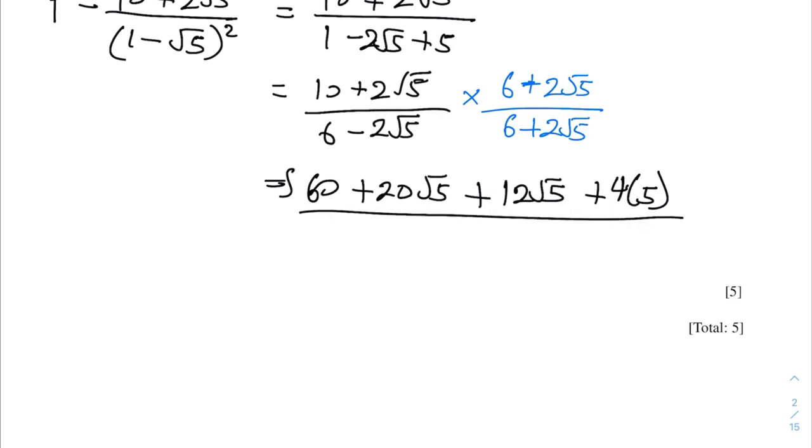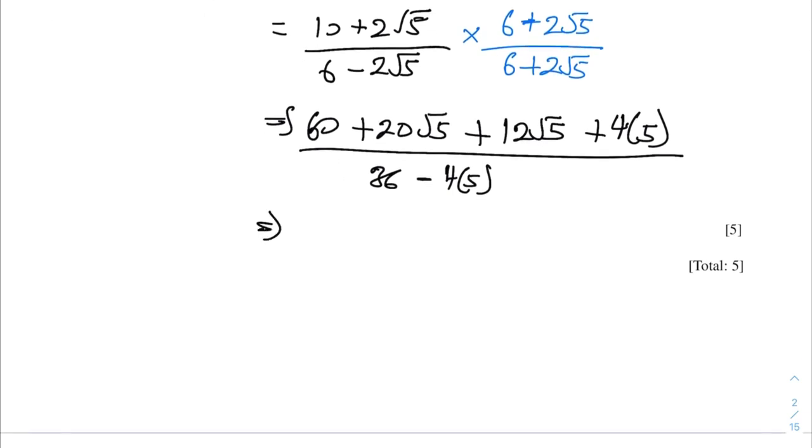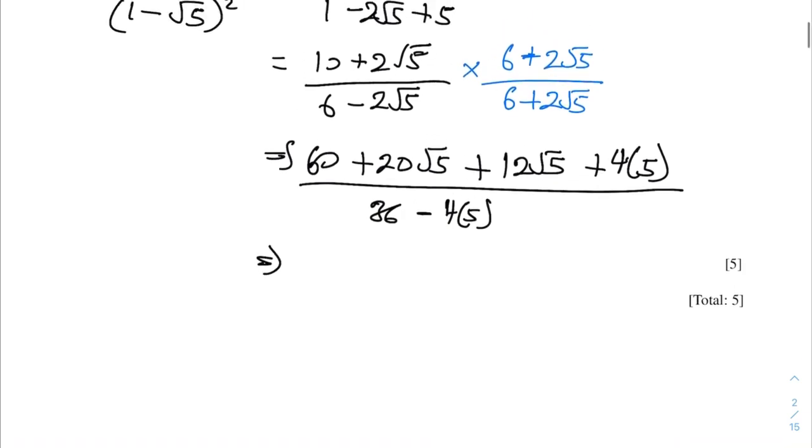Now divided by the denominator. The denominator is basically difference of 2 squares, because you have minus and plus. So I'm going to square the first number, that is 36, minus the square of the second number, that's 4 into 5. So that means that basically, let's do the top one first.